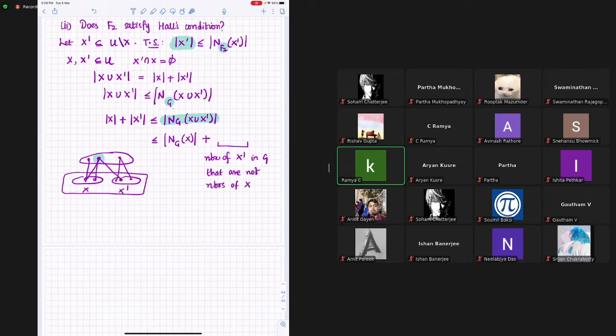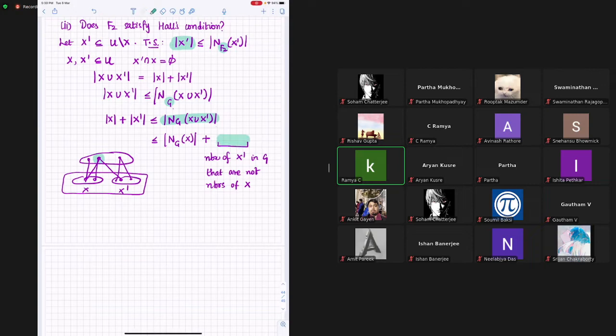This should be really clear. Otherwise, we can go over it again. I have to estimate the size of this set, just looking at those neighbors of X first. And then in the remaining, I should discount whatever I've already counted if there are common neighbors. Okay? So now this thing, can somebody fill?